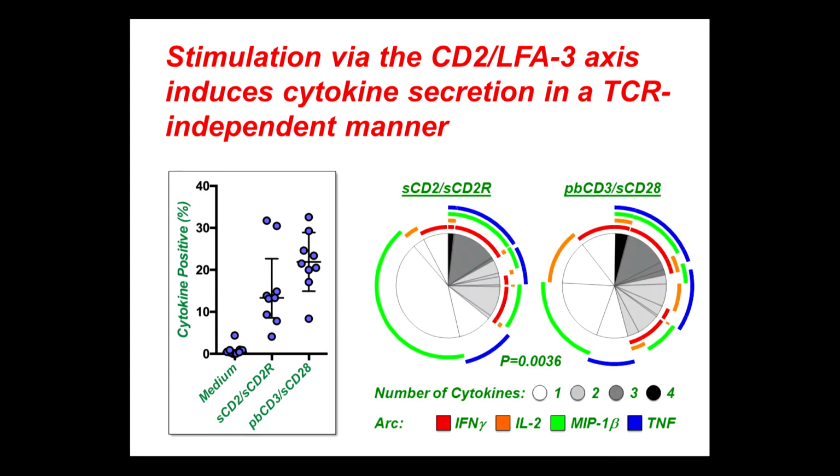The panel on the far right shows the patterns of responsiveness with CD2 stimulation versus CD3, CD28 stimulation, and you can see that a variety of cells in these populations are capable of elaborating different patterns of multiple cytokine expression. And this is very important here.